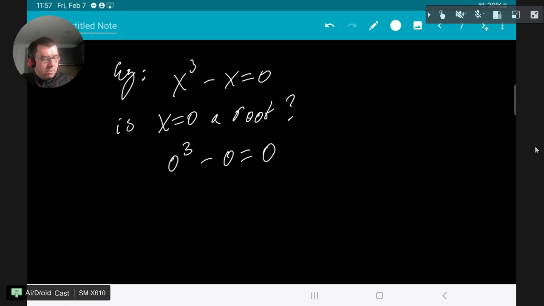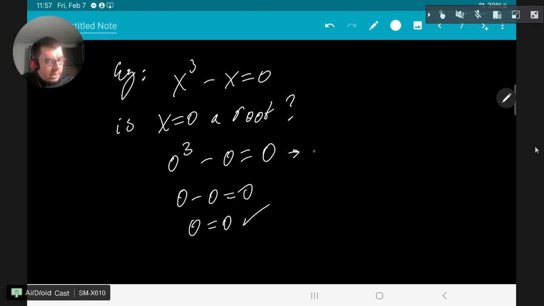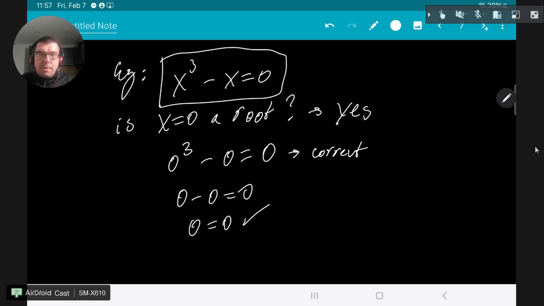Obviously, this gives 0. 0 minus 0 equals 0. 0 equals 0. It is an identity. So this is a correct equation. And therefore, the answer here is yes, x equal to 0 is a root. It is a solution to this equation, all right?